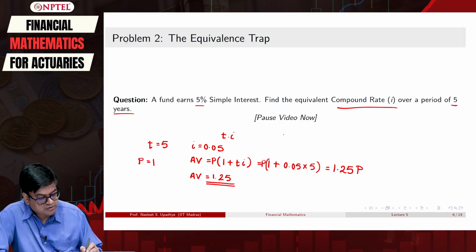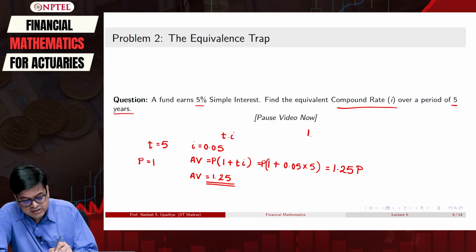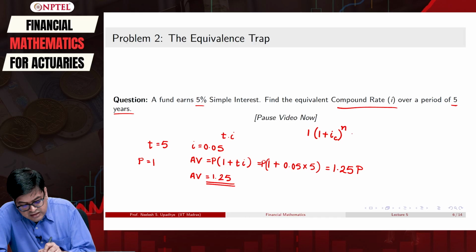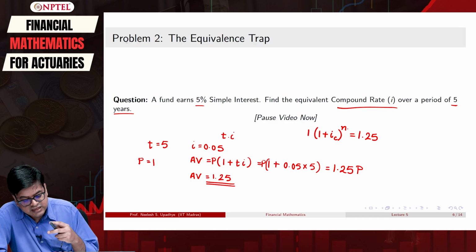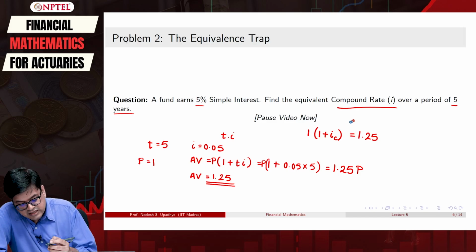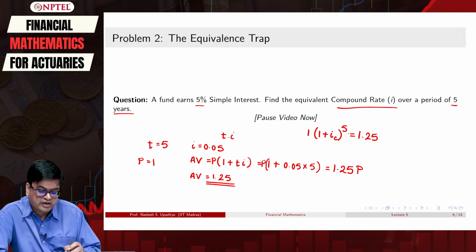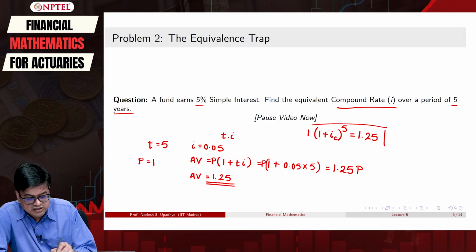What I need to do now is find what interest rate I should put so that I get the answer 1.25. We start with an initial capital of 1, and using the compound interest model, I will have 1 plus i compound raised to n equal to 1.25. Do I know this n? Yes, n is 5. So this is the equation that I need to solve.